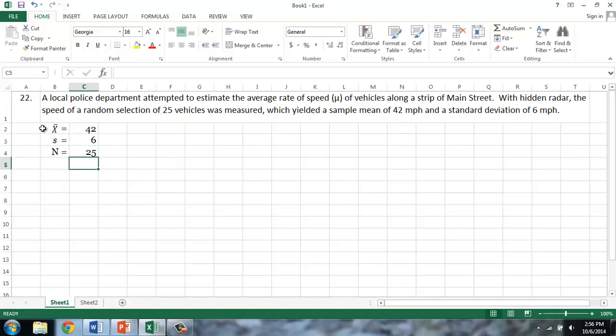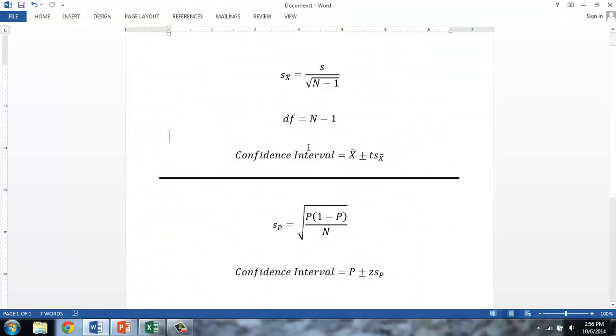In order to estimate the population mean speed, we will use this first set of equations. First, we'll have to estimate the standard error. Since we don't have the population standard deviation, this is simply an estimate based on the sample standard deviation. The equation for the estimate of the standard error is the standard deviation of the sample divided by the square root of n minus 1.